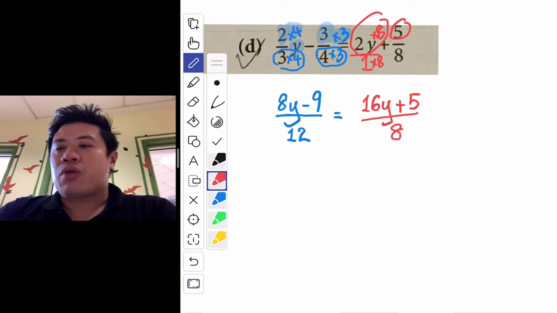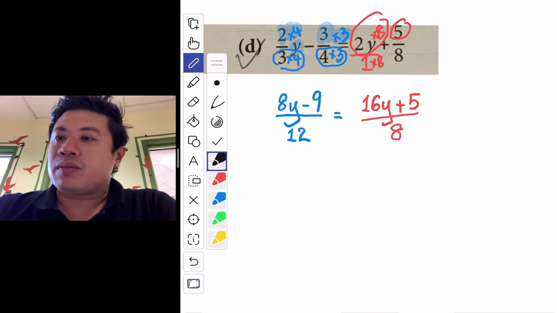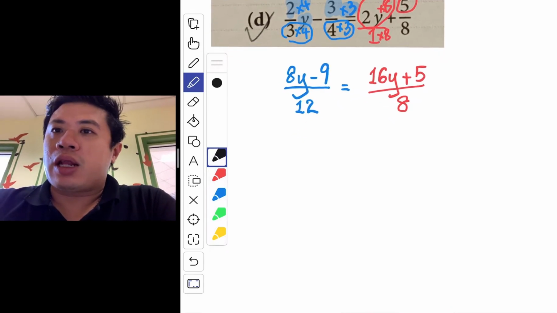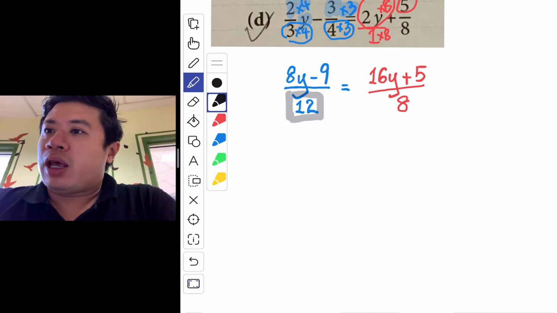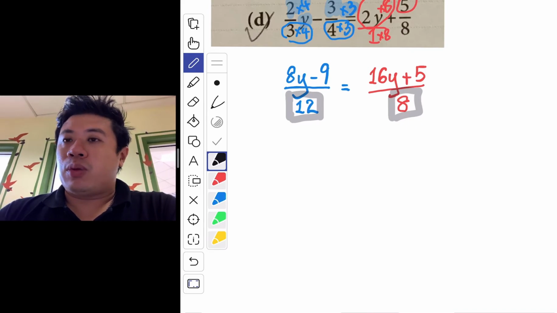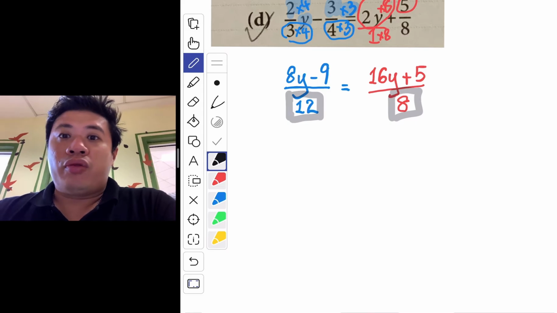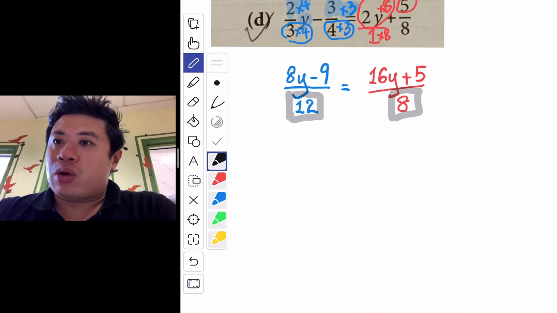And once we have this, you can either go for cross multiplying, or for me, what I do is I see it as multiplying the LCM on both sides. So if you observe 12 and 8, we need to multiply by the LCM of both denominators. This will allow you to remove the denominator and convert it into a linear equation.